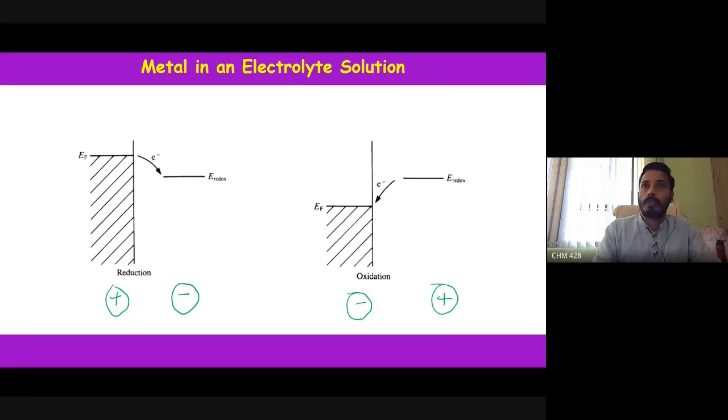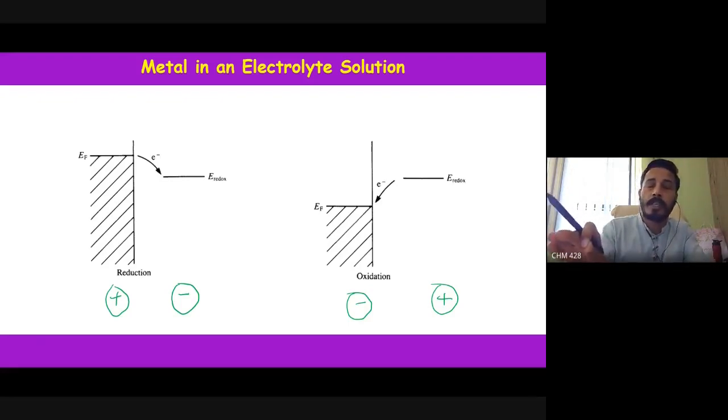So the consequence of dipping an electrode into a solution containing ions is nothing but a charge separation at the interfacial region. If there is a charge separation at the interfacial region, there has to be a potential difference, because charge separation is responsible for the potential difference.